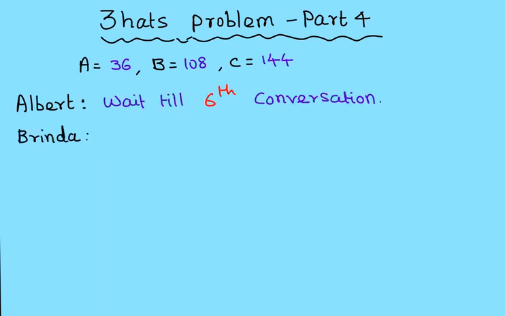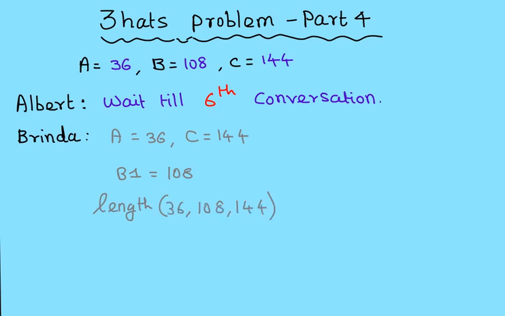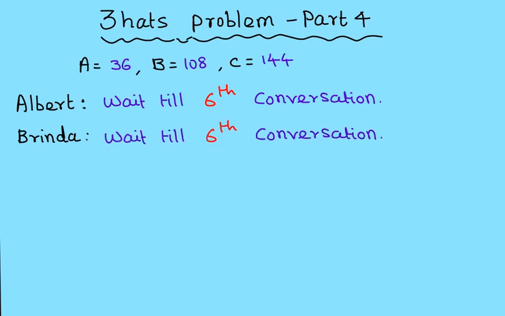Similarly, Brinda sees A equal to 36, C equal to 144. So B1 is equal to the absolute value of A minus C, which is 144 minus 36, which is 108. So she calculates length of A B1 C, which is length of 36, 108, 144. She calculates in a similar way, and that is 6. So she too waits till the 6th conversation.